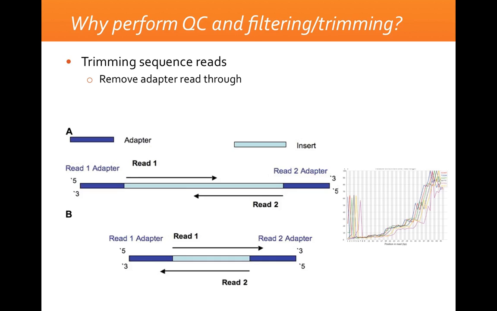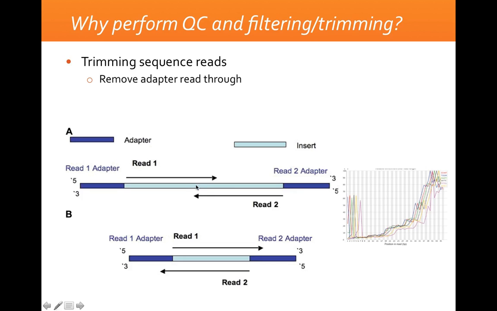In some cases, the first slide I showed was a DNA fragment where we sequenced the fragment from both directions, where you had an inner distance, a gap between the forward and the reverse read. In this case, the insert, the DNA fragment, is so short that the forward and the reverse read will overlap, which is okay in some cases.